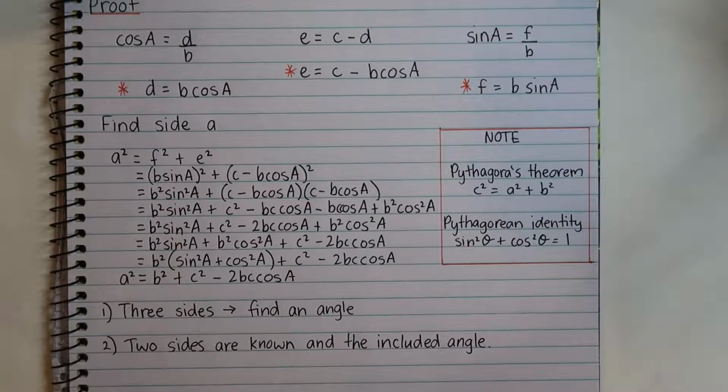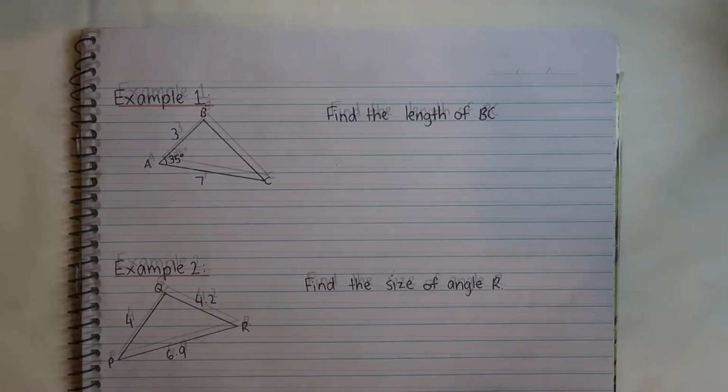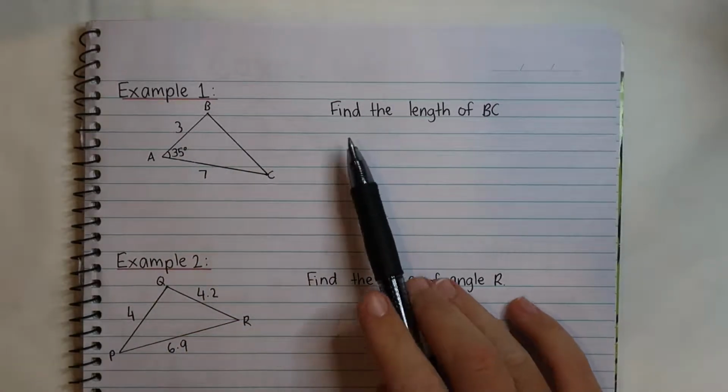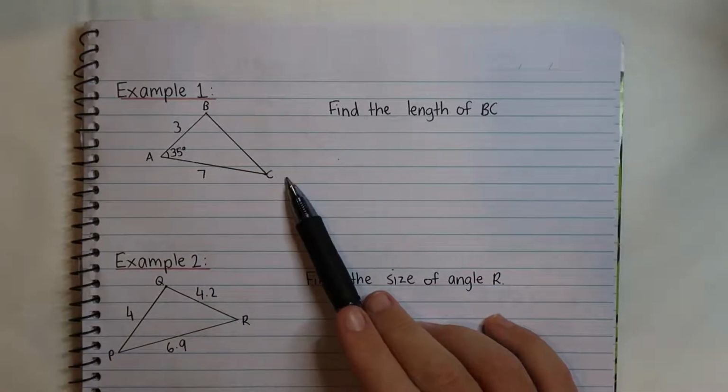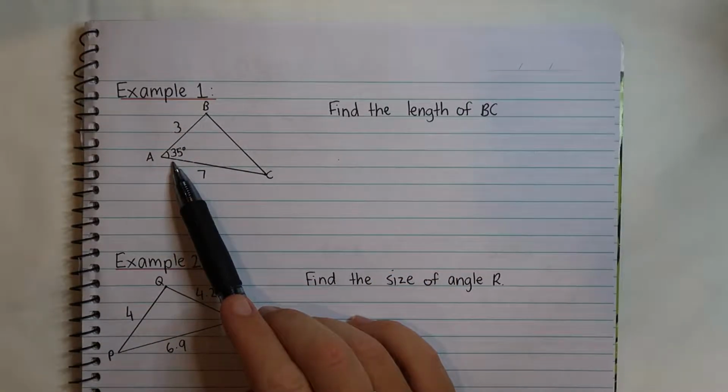So how about we take a look at a quick example. Example 1 says to find the length of BC. So we have 2 known sides and the included angle.